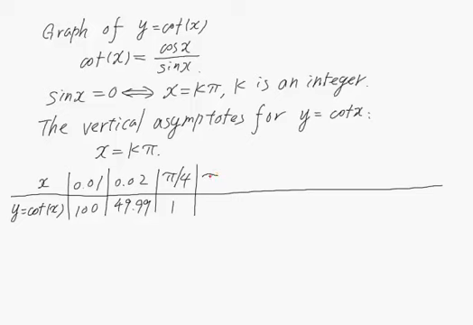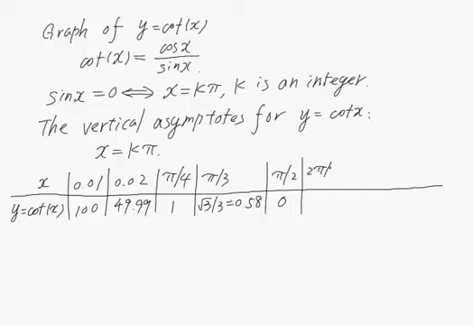If x equals pi over 3, the cotangent of pi over 3 is equal to root 3 over 3, approximately 0.58. If x is equal to pi over 2, then cotangent is equal to 0, because cosine of pi over 2 is equal to 0.